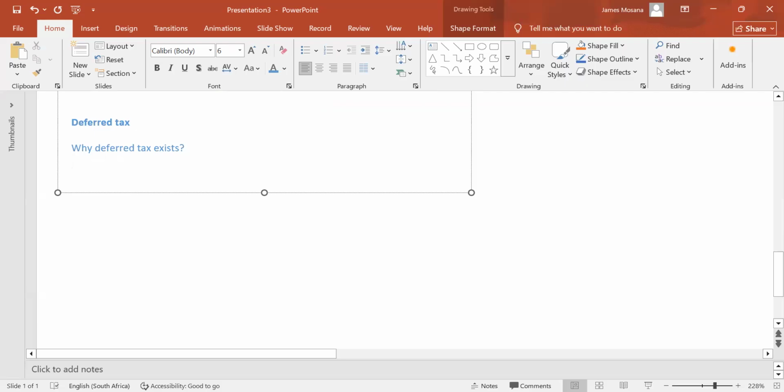Now, if we are to answer that, it would be due to the fact that deferred tax matches tax to the period in which the related income or expense is recognized.